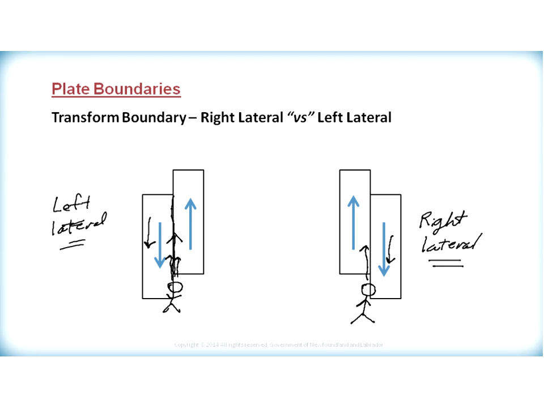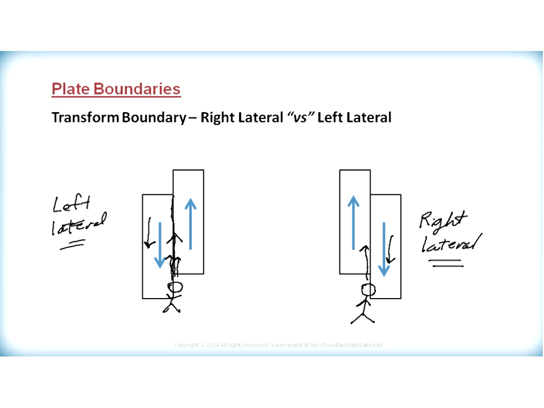To distinguish between the two different types of transform faults, you stand along the fault line and look in the direction of the fault line. Whichever plate moves towards you, that would be the type of transform fault you're looking for.